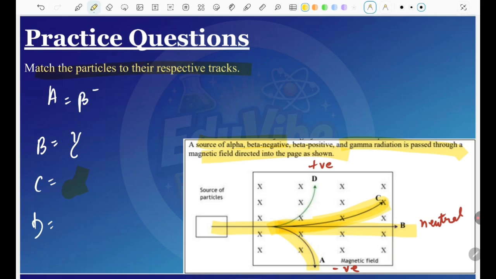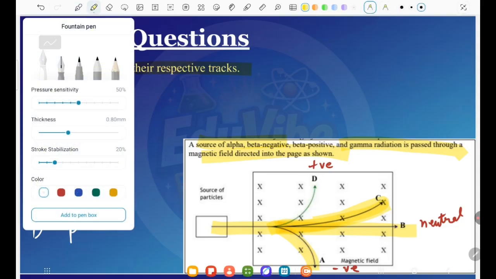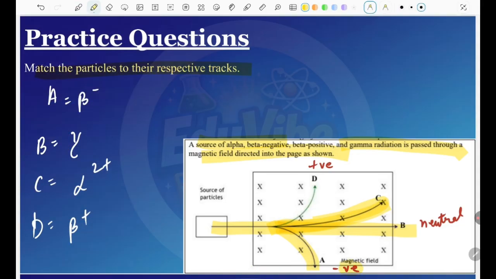This is called alpha decay. And the last one we're left with is beta positive, because it goes upwards. If this one is negative, then this is positive, so this is beta positive. For this theoretical question, you have to know something about this.